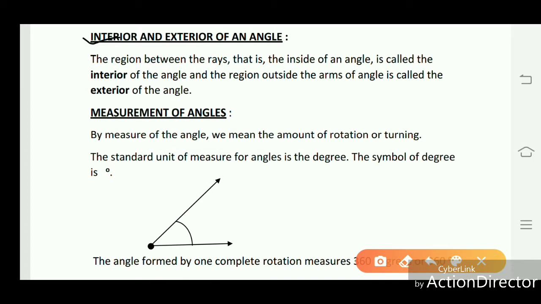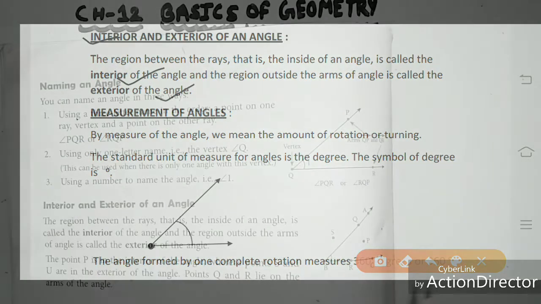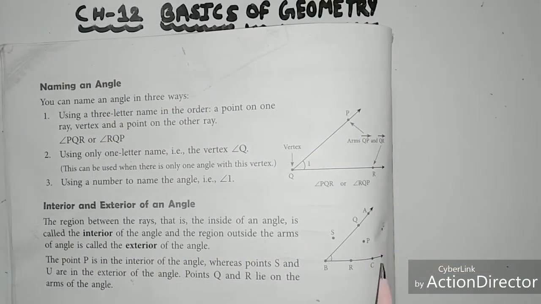Interior and exterior of an angle. The region between the rays, that is the inside of an angle, is called the interior of the angle, and the region outside the arms of the angle is called the exterior of the angle. So here two rays BC and BA.